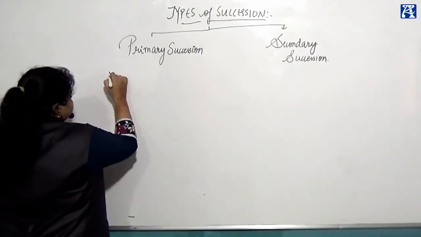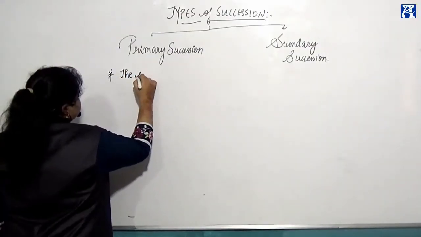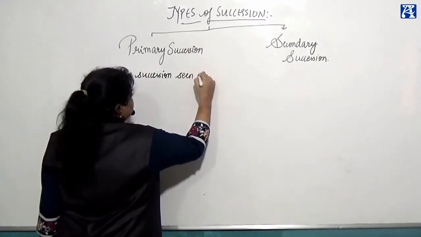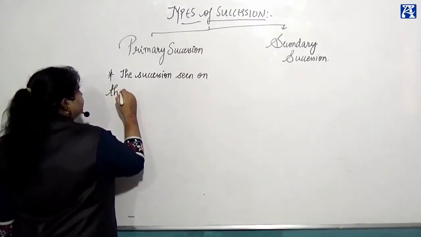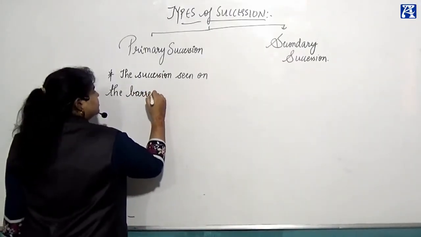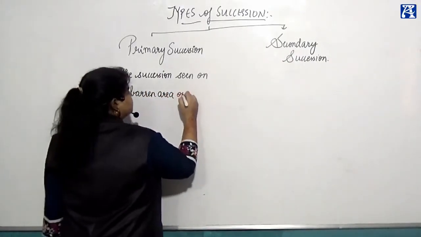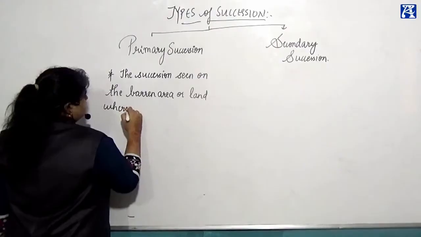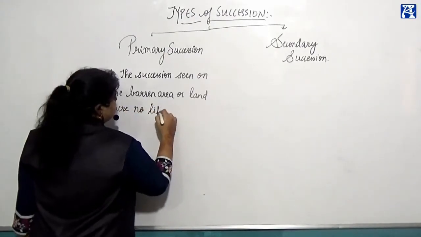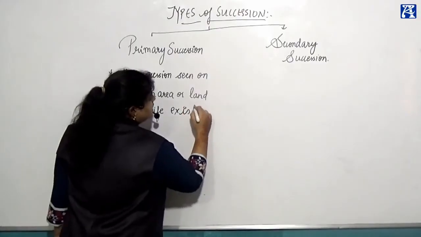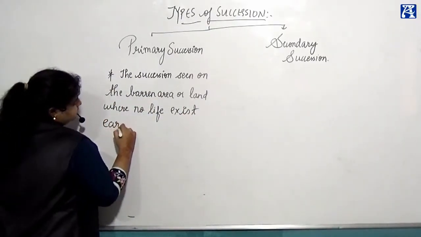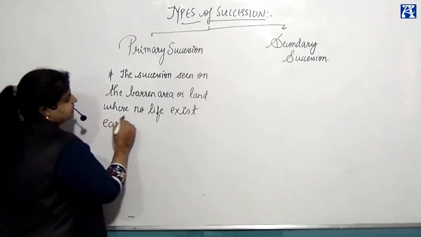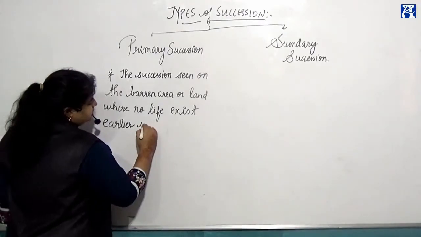What is primary succession? The succession seen on the barren area or the land where no life existed earlier is called primary succession.